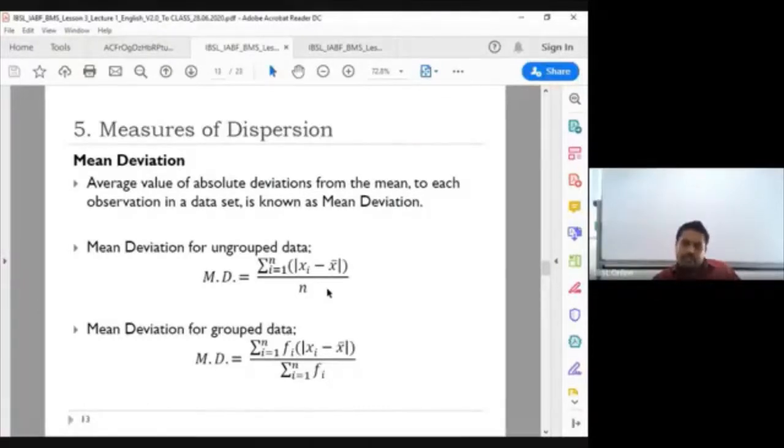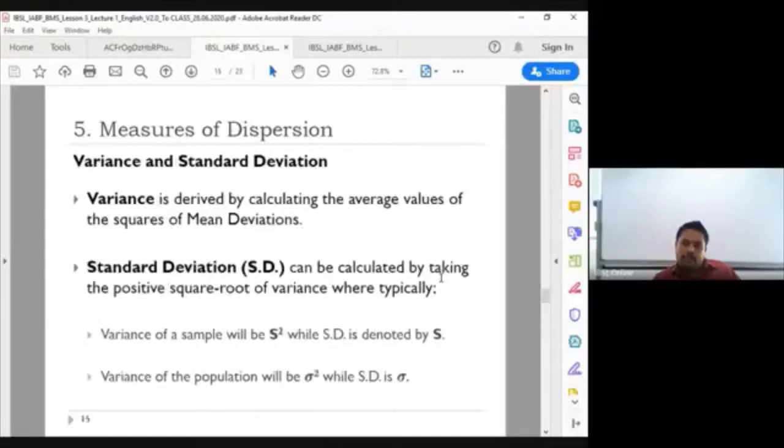Having discussed mean deviation, we came to the point where we define variance and standard deviation. So this is what we discussed at the beginning. Whenever we discuss indicators on the sample, we'll be using S, and the same for the population, the sigma. The variance and the standard deviation are the stepping stone for the other equations that we are going to learn today.